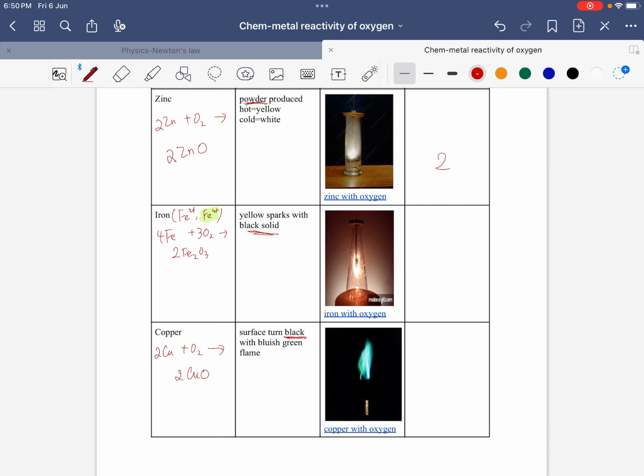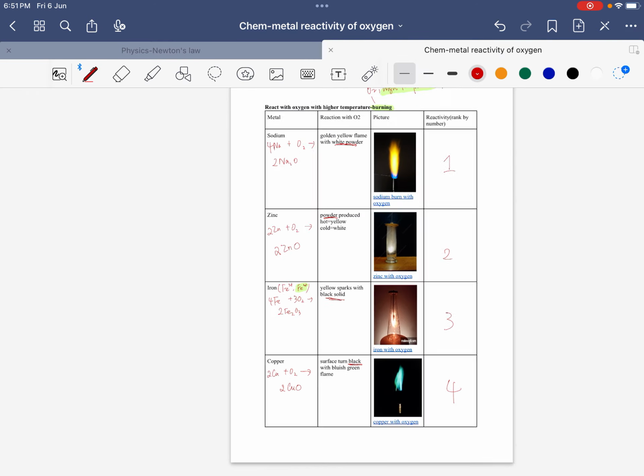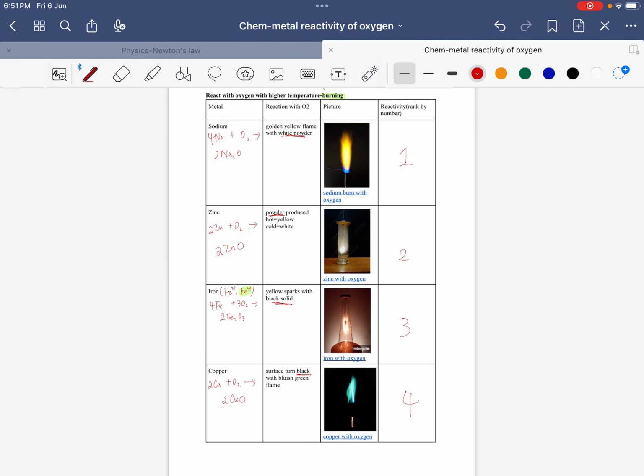For iron and copper, you can see that for iron there are yellow sparks, and the yellow sparks are quite light. You can see it from the videos, right? And for copper, it just gives you a colored flame. So for comparison, iron should be more reactive than copper. So that's it, the reactivity of the four metals here.